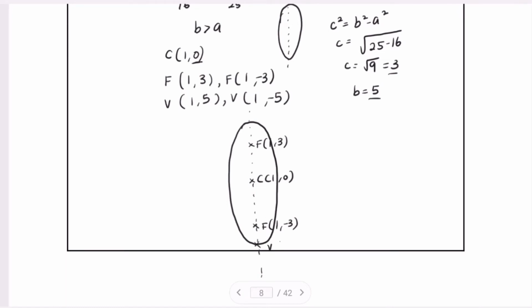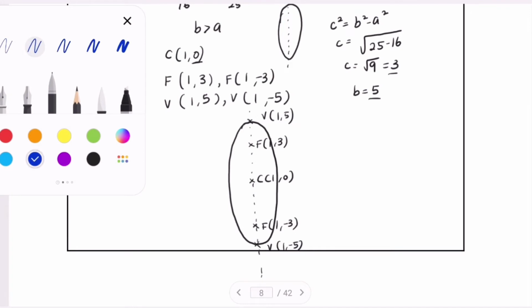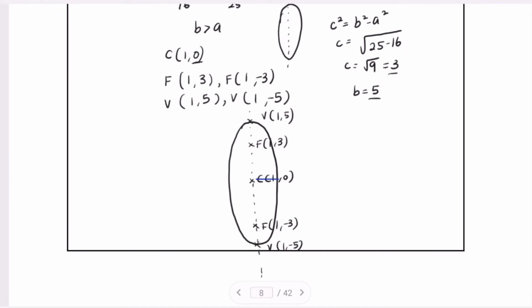The vertex over here is 1, negative 5, and at the top, 1, 5. Do not forget your axis. Assuming the y-axis is over here, and your x-axis passes through the center. There you go, this is basically your ellipse.